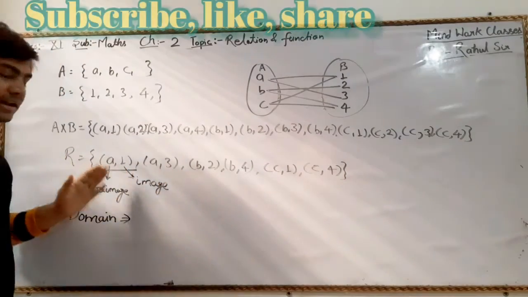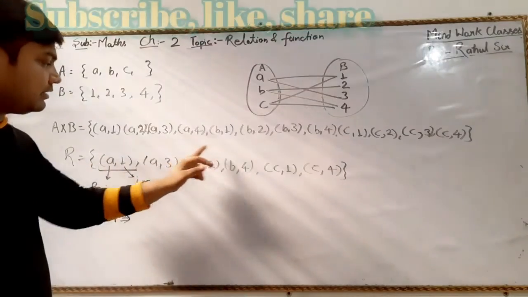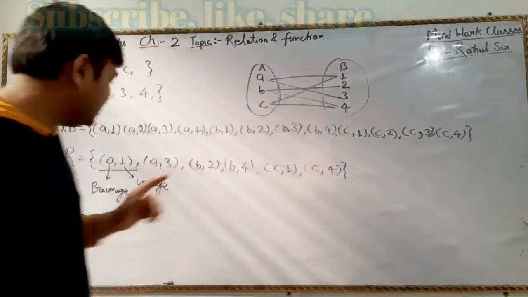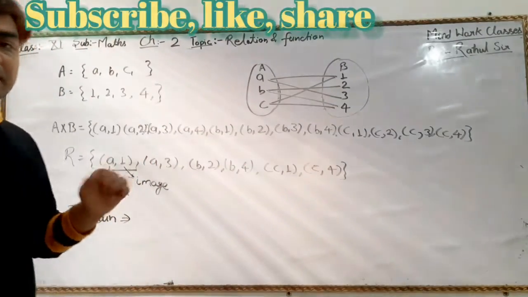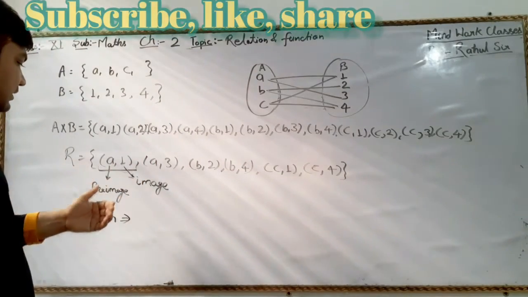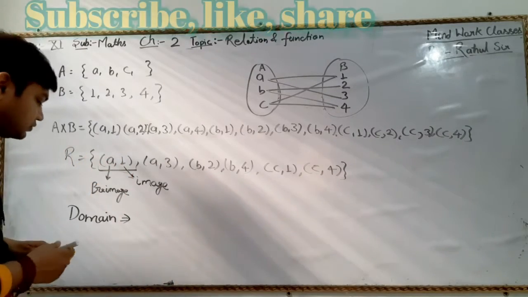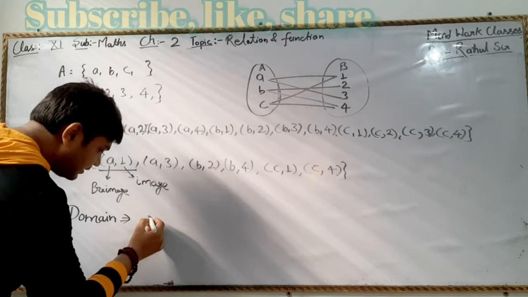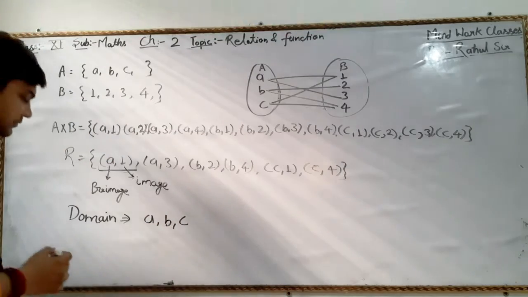All the first elements, that means A, B and C, are the domain. So the domain is A, B and C.